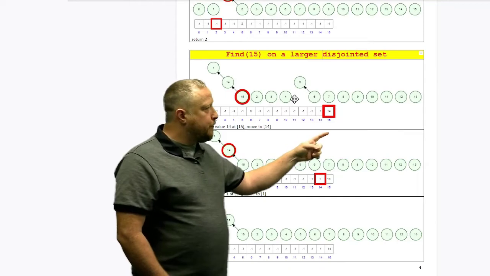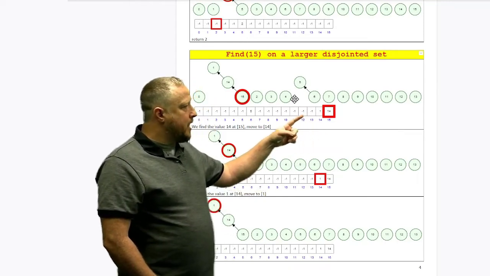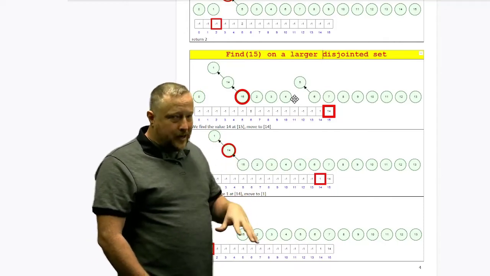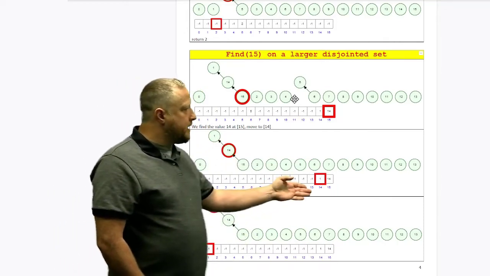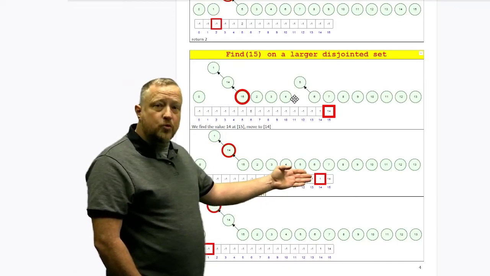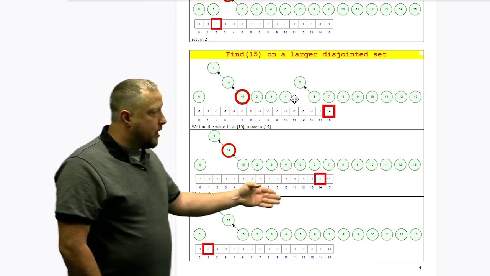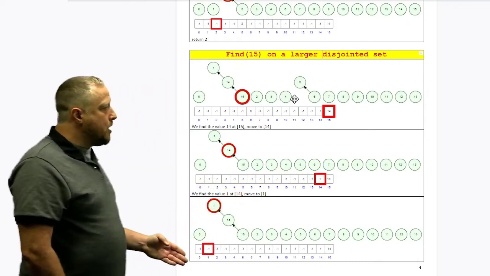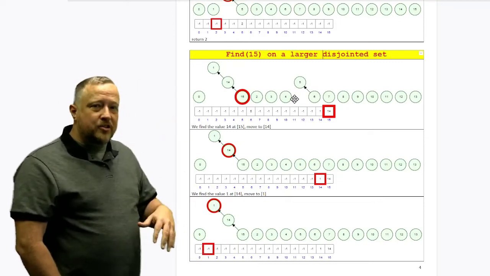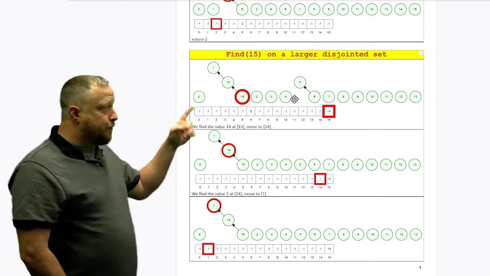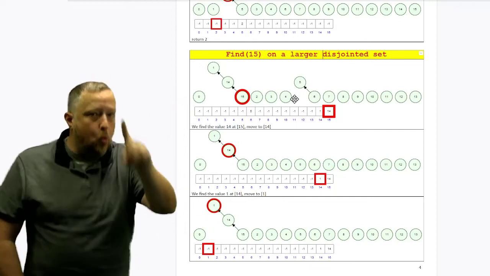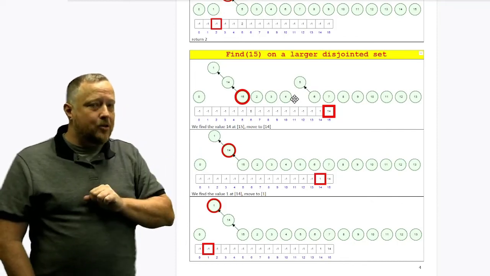So first, I go to 15. And 15 tells me, hey, you need to go to 14 to get your answer of which set I'm really in. So from 14, we go ahead and look at that and it says, well, I'm actually with 1. I've merged with 1 in that order, by the way. So now we go down to 1, and 1 says, oh, I'm a -1, meaning that I am the root of this set, and that in this function of find of 15, it would actually return 1, because 1 is the root of that entire set.